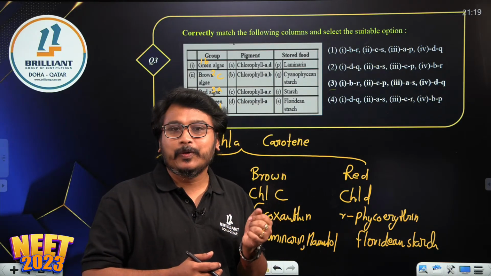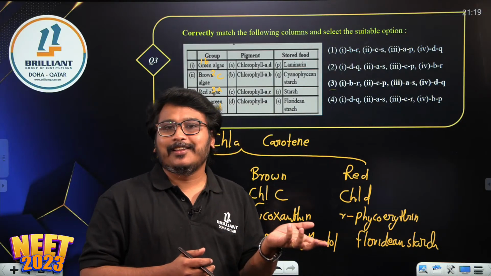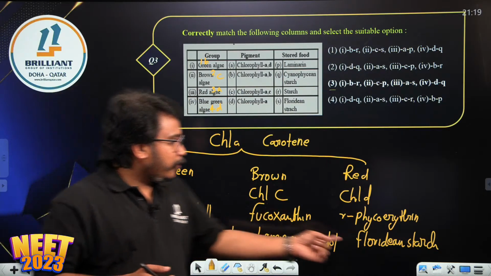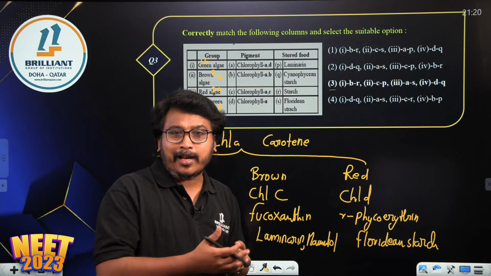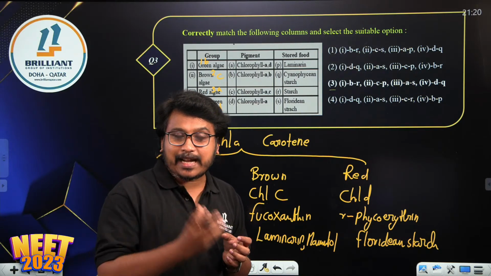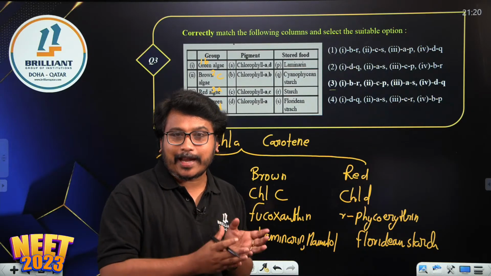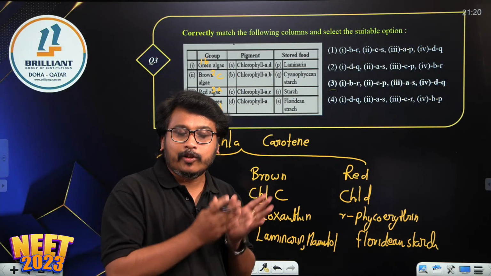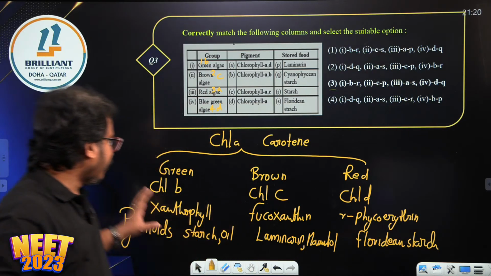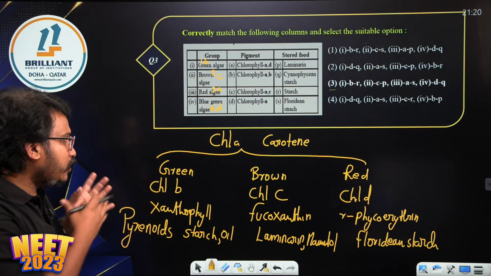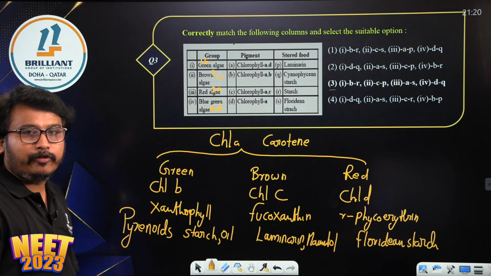First person to answer the question is Hafiz. So here Floridian starch is resembling glycogen or amylopectin, which is a branched chain of glucose where the glucose is joined to each other not only by 1,4 bond, it's also with 1,6. So these are the key points regarding the pigments and stored food in algae.